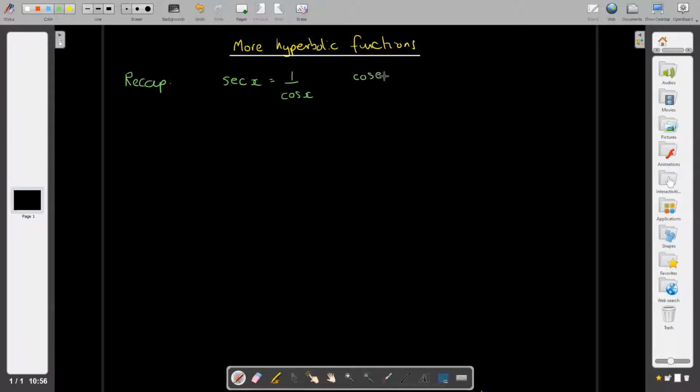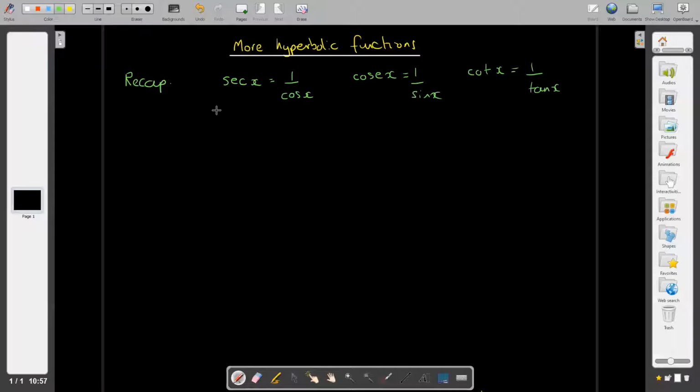Cosec x is 1 over sine x. And cot x equals 1 over tan x. So we should know those as the different alternative trig ratios.